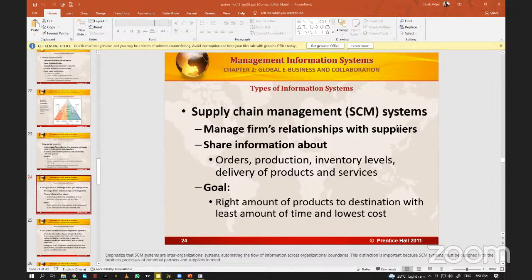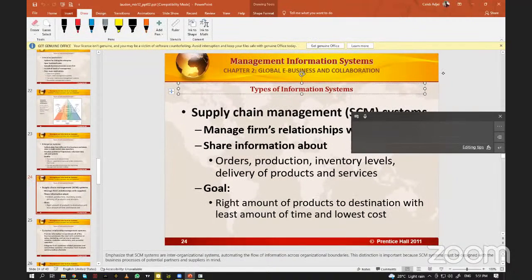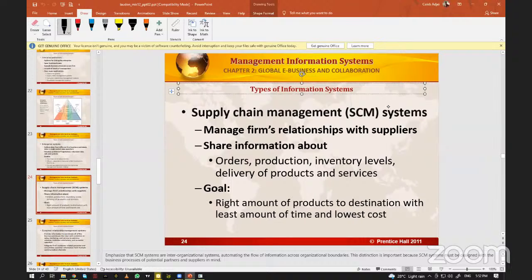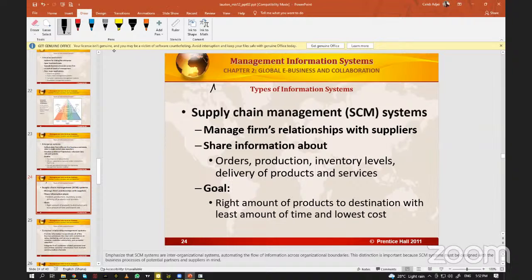Anyway, we want to look at the second part of our lecture this evening, and we are looking at supply chain management systems as a type of information system. When we talk about supply chain management, what we are referring to is a chain of activities that happens before goods and services finally end up in the hands of the final consumer.